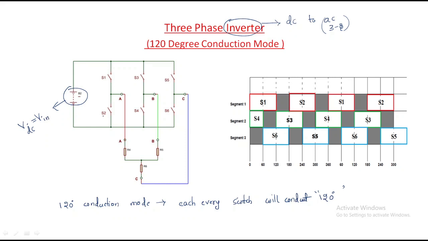These two switches are for A phase, these two switches for B phase, these two switches for C phase. That's why these two switches are connected to A. This A is connected to the load, B is connected to the load, and C is connected to the load. This is the three-phase load.